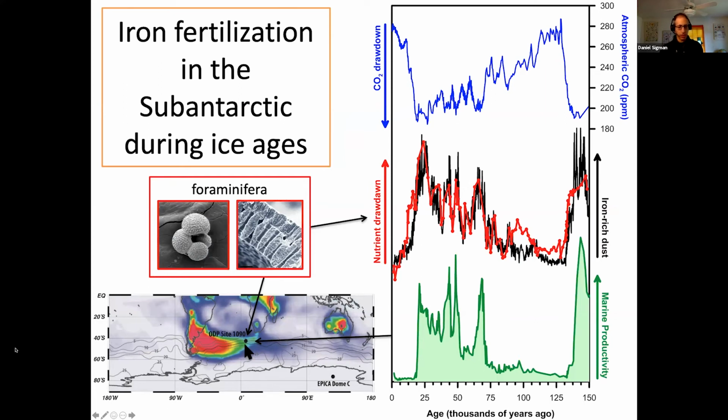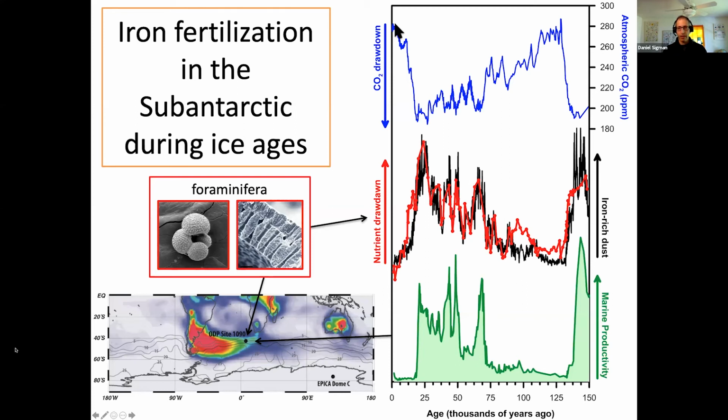So shown here is a sediment core from this region of the Southern Ocean where you find high nutrients. The map shows a reconstruction of dust flux into the ocean during the last ice age. It was higher for a number of reasons. And when we look back through time, here we're going to look at the last 150,000 years.